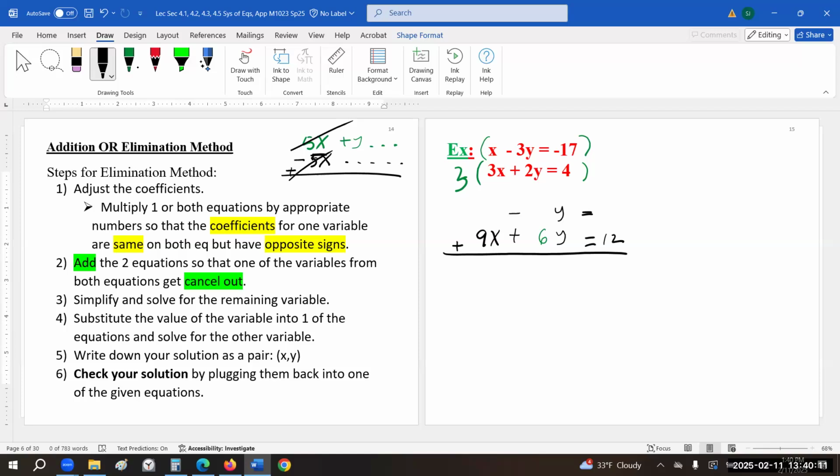Now, you want to multiply the first equation by something so that the y becomes 6y. Multiply by 2. So x times 2 gives us 2x. 3 times 2 gives us 6y. 17 times 2 will give us 34. So 2x minus 6y equals 34.